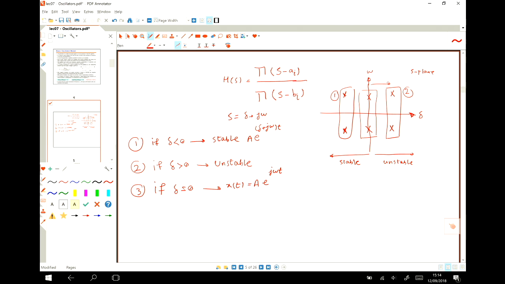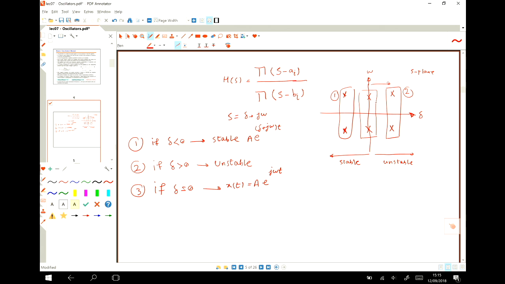So what I mentioned last week is that in a linear system with the zeros and poles like this, I mean, if the transfer function of a linear system H(s) is the multiplication of these zeros and poles, then based on the position of these poles, we can say that the system is stable, unstable, or oscillating.